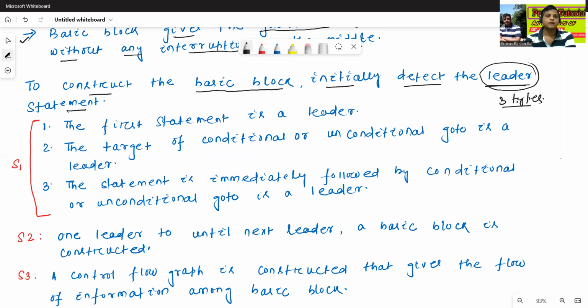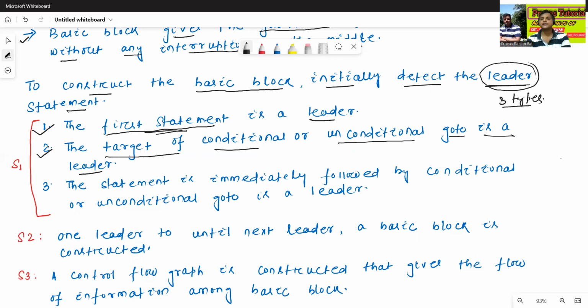What are the types? What is the first one? The first statement must be a leader. Second one, the target of conditional or unconditional go to is a leader.